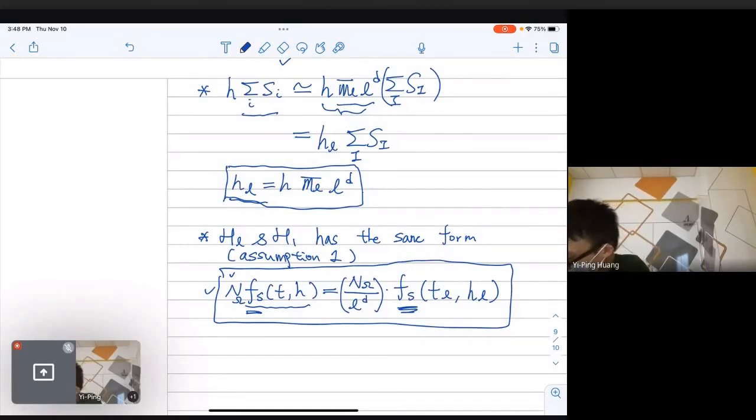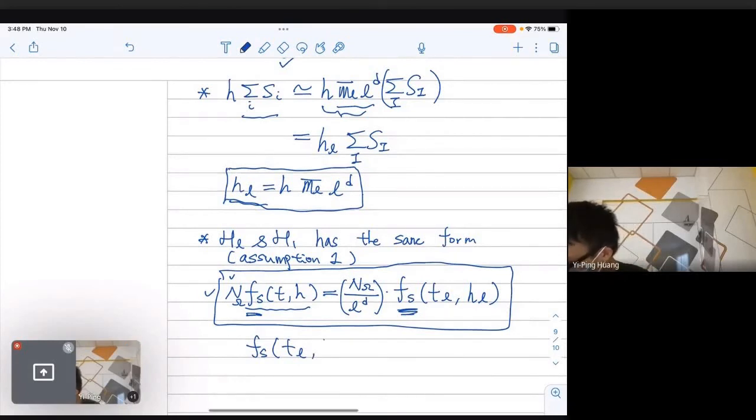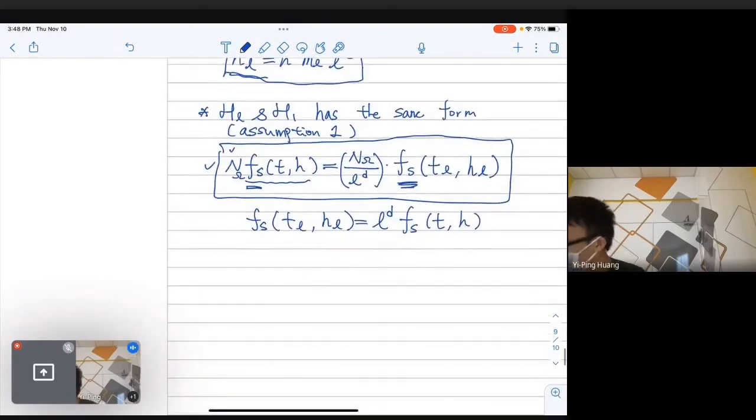Okay. So this is cool, because if we understand this singular part of the free energy, what we got is that the singular part of the free energy at the reduced temperature at length scale L, and the external field at length scale L, should be related to the original free energy density by this relation. Okay.